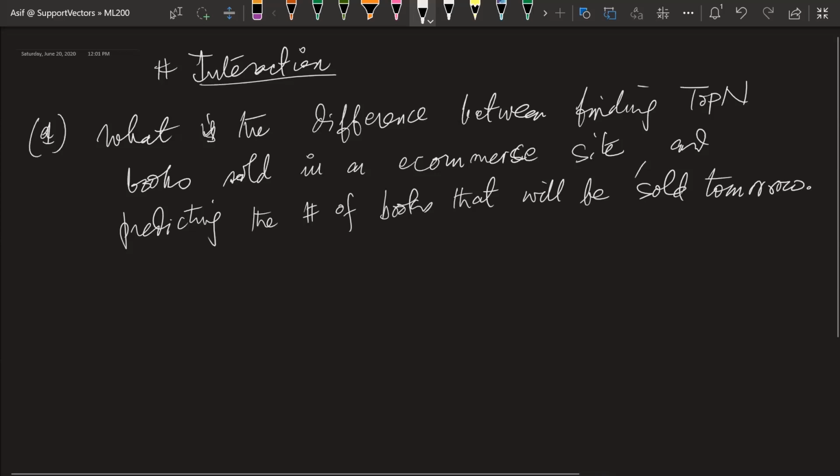Let me pose this question. Which of these things would you consider a machine learning task? And which of these would you consider, broadly, a data science task? Who would like to answer that?